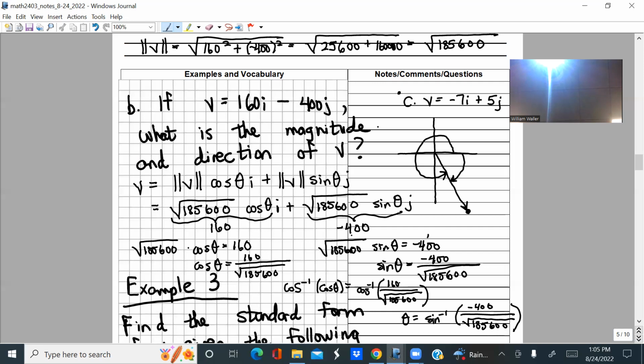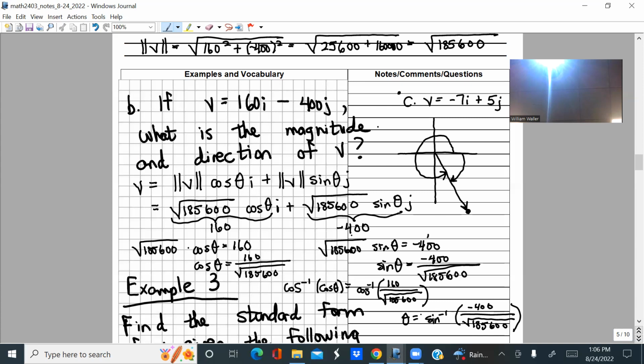So when you solve this equation, you would get an angle from 0 to 180 degrees. You would have to adjust your answer to take into account that the angle you're really looking for is in the fourth quadrant. You can make that adjustment, but you'd have to think about it a little bit.